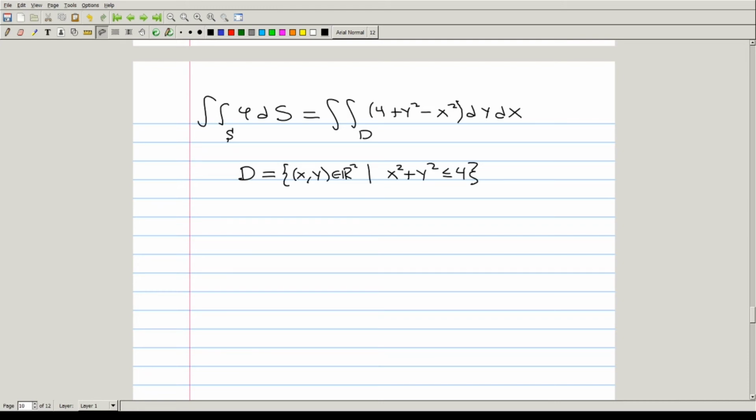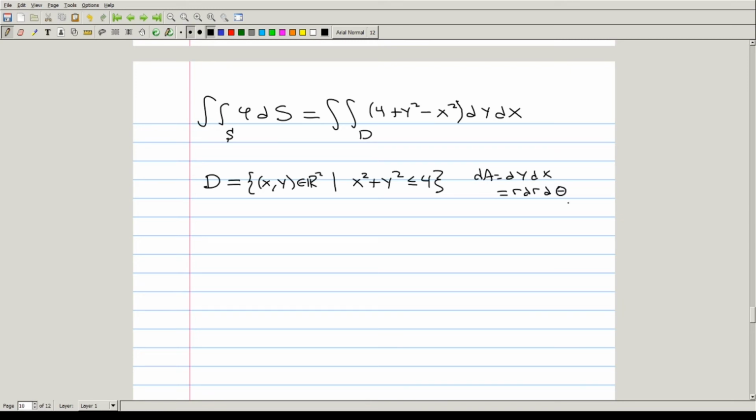You should hopefully remember from your multivariable calculus class that for double integration, polar coordinates give you dA, or dy dx, equals r dr d theta. And this region is much nicer in polar coordinates: r, theta for theta between 0 and 90, or pi over 2, and r between 0 and 2.